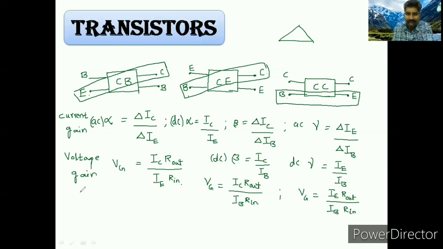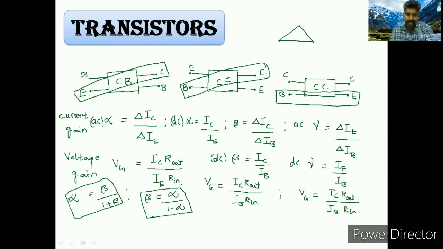Next, we have a relation: alpha is equal to beta by 1 plus beta. Next, beta is equal to alpha by 1 minus alpha. These two relations you also need to remember.